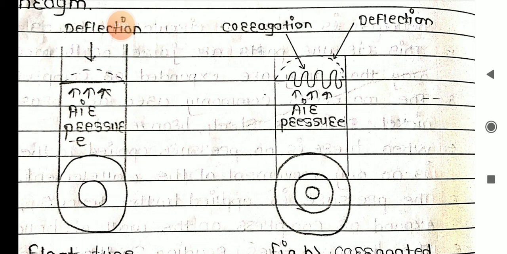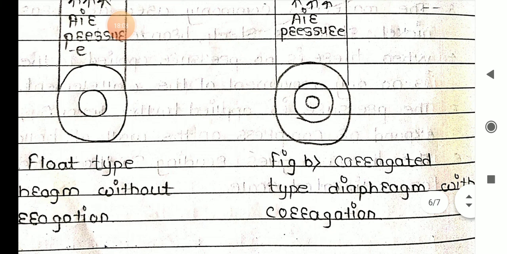The construction of the diaphragm is as shown in the figure. The diaphragms are classified into two types: one is the flat type, another one is the corrugated type. They have written float type, that is a mistake. It is not a float type, it is a flat type.